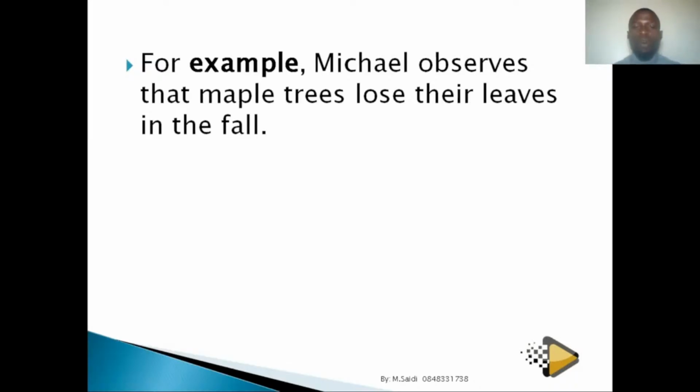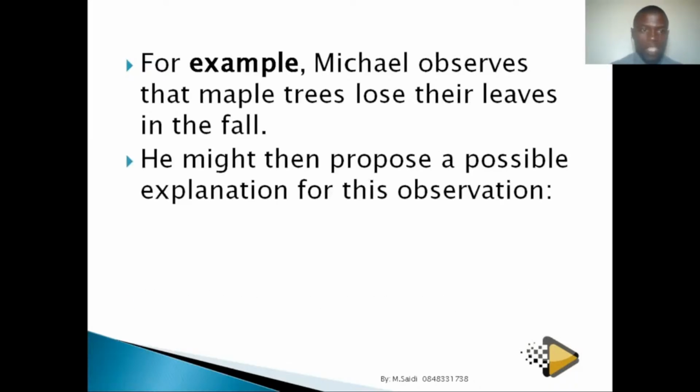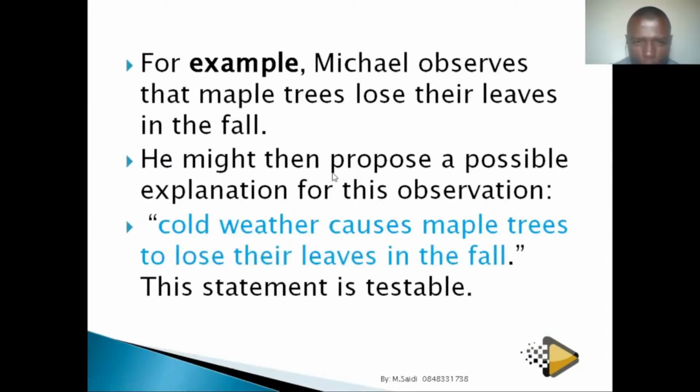When you're developing the hypothesis, you ask what causes these leaves to fall. So he might propose a possible explanation for the observation he has seen, and say that cold weather causes maple trees to lose their leaves in the fall. Can you prove this? Can you test this? That cold weather causes the maple trees to lose their leaves in the fall. Can you test this?